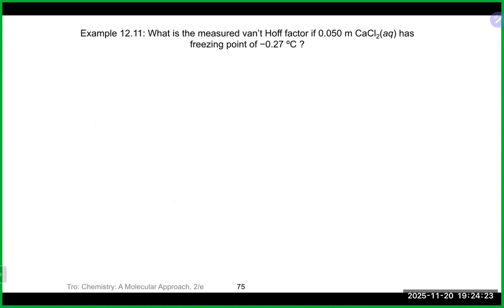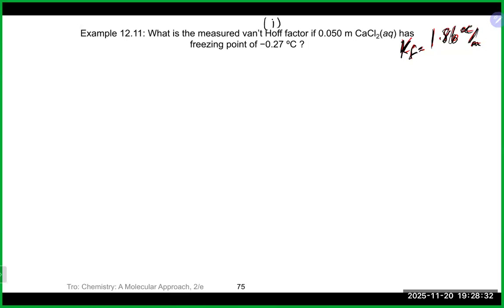So, calculate the measured van't Hoff factor if we have a 0.05 molal calcium chloride solution that has a freezing point of minus 0.27 degrees Celsius, again with a freezing point constant of 1.86. In this case, we're looking for the van't Hoff factor, which is i.